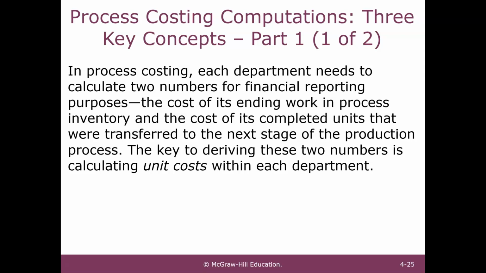If we have 4 units that are halfway complete, that means each of the 4 is halfway complete. The 4 half complete is equivalent to 2 complete. So we would figure out the cost of a complete unit and multiply it by 2. And that will be equivalent to 4 units that are halfway complete.